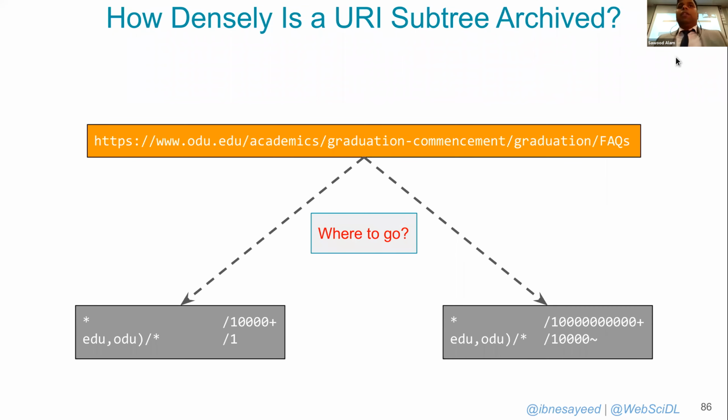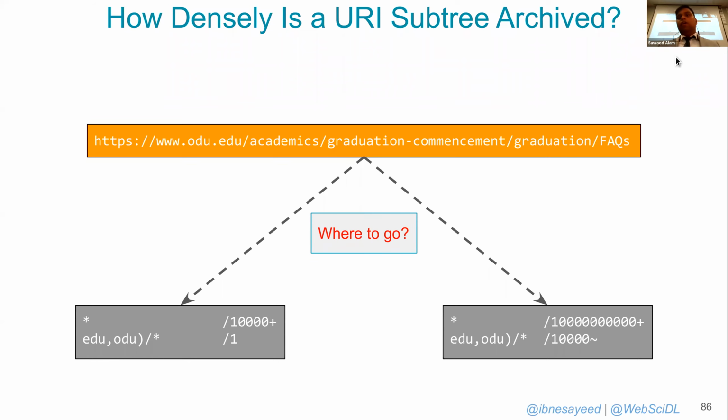Here, what we are seeing is we have this long URL from ODU. We want to see which archive to choose if we have two options. One says, I have only one memento, or one URI-R, of a URI that falls under odu.edu/*. Now, it could be this URI that we are looking for, or it could be something else.